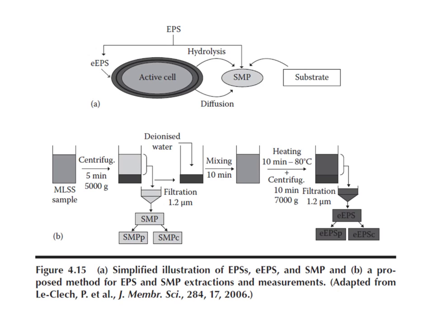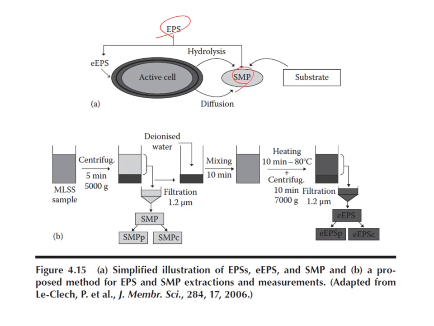First of all, you have to understand the difference between EPS and SMP, because EPS exists near the membrane cells, near the microbial cells, and it also exists in the form of soluble organics.